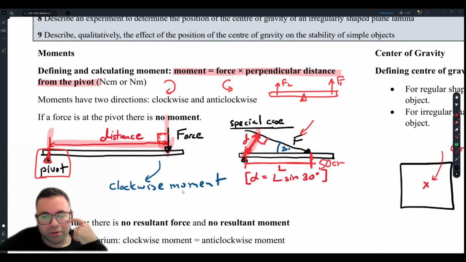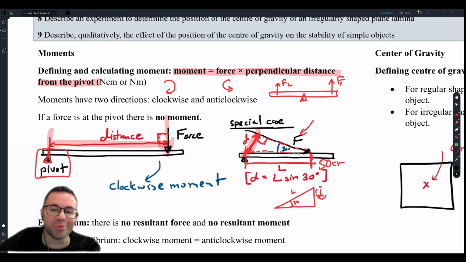Whatever you draw, this will always end up being a triangle for you. So using trigonometry, and think about it a bit. If this is 30 degrees, and this is called L, what's this, which is the opposite of the angle?